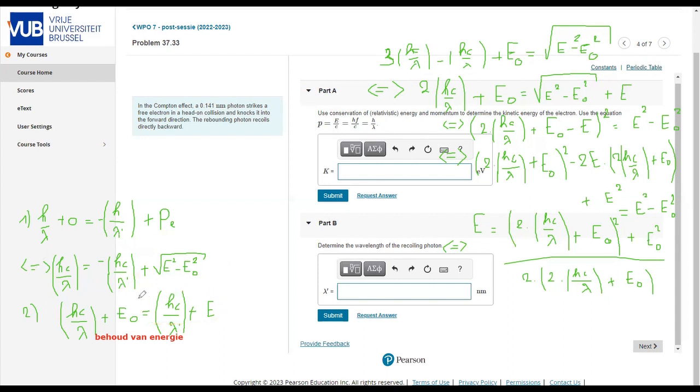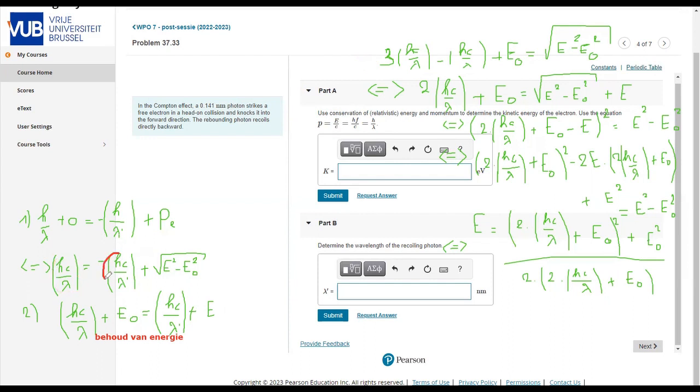So what I'm trying to say is I add my energy there just to make it easier. So basically what you see here is just this one.